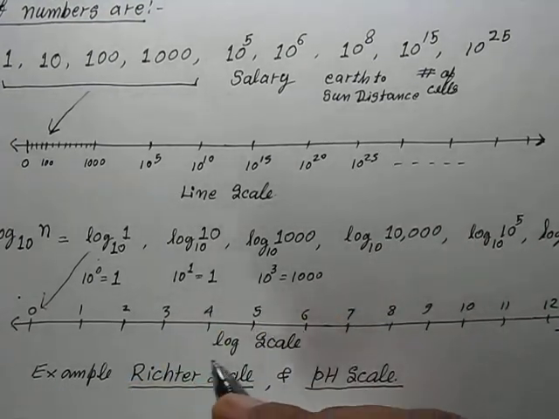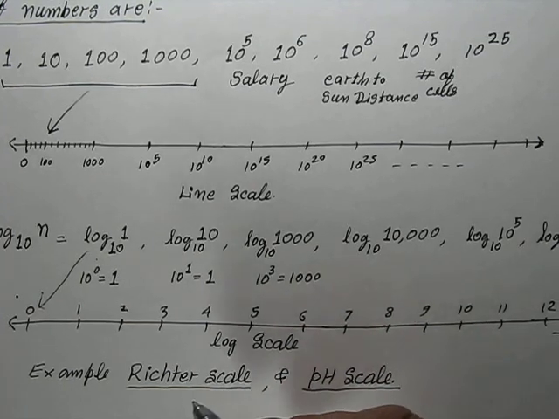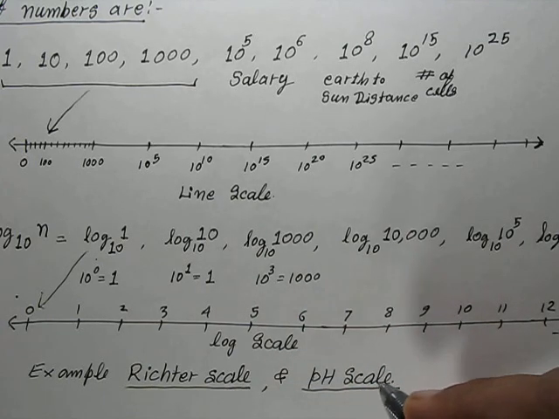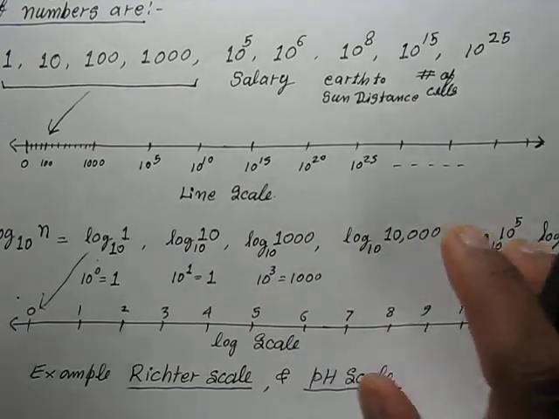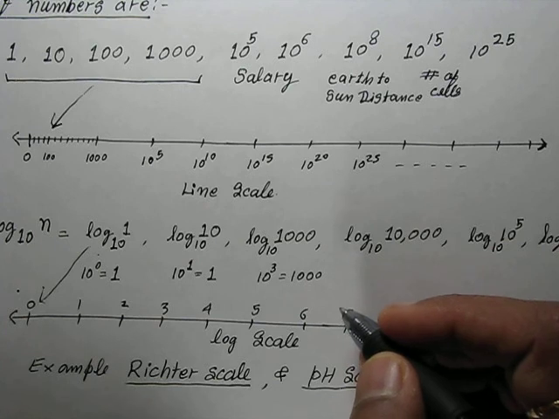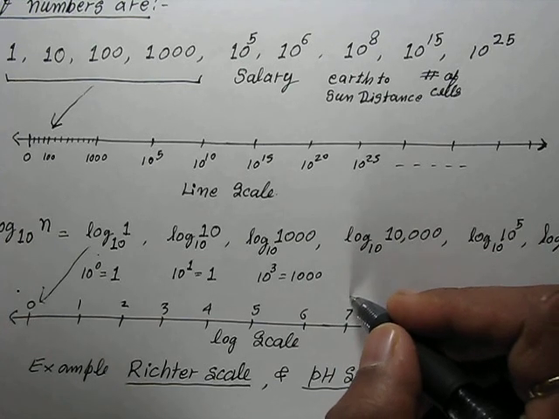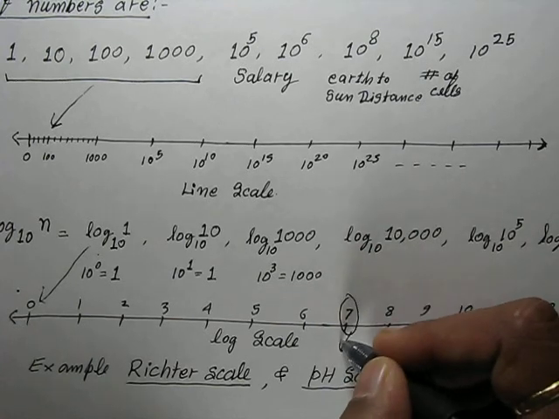As you know, earthquakes are recorded on the Richter scale, and pH is recorded on the pH scale. Both are in logarithmic form. Suppose our body has a pH of 7. pH 7 means neutral.